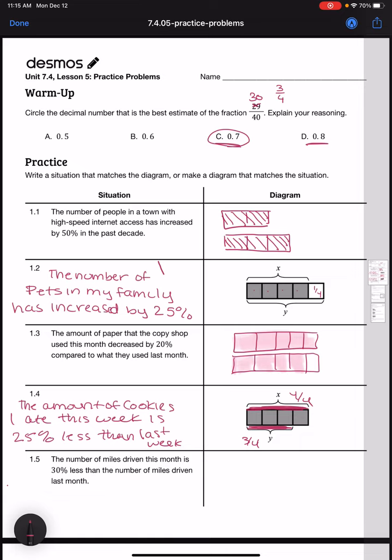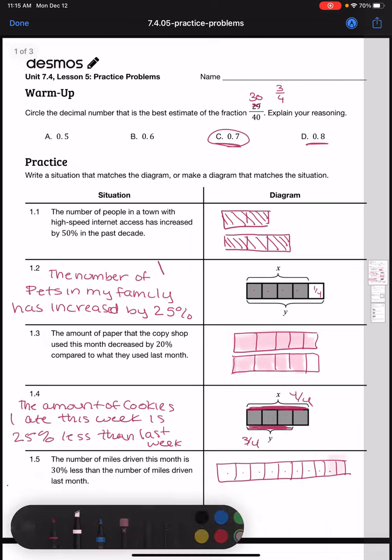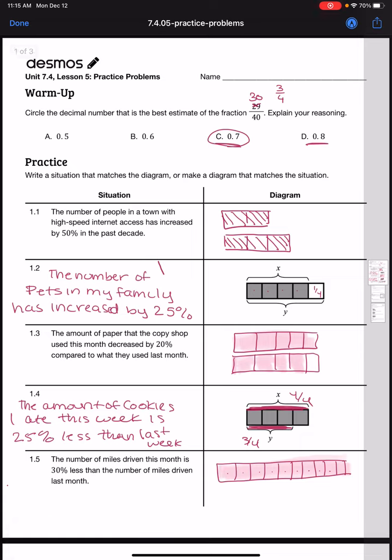And the next one. The number of miles driven this month is 30% less than the number of miles driven last month. So I might have to go for the 10 here. So we have 1, 2, 3, 4, 5, 6, 7, 8, 9, 10. So last month we drove 10 out of 10, 100%.